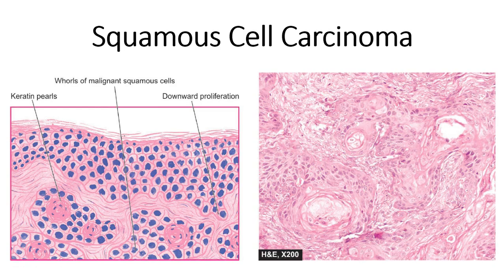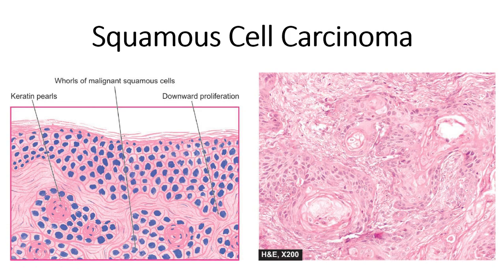So what we will see under the microscope in the cases of squamous cell carcinoma, they do have epithelial cells, but they will have disarranged patterns. So usually these disarranged patterns will be characterized by formation of materials we call keratin pearls. In normal skin, in papilloma, we will not find these keratin pearls.